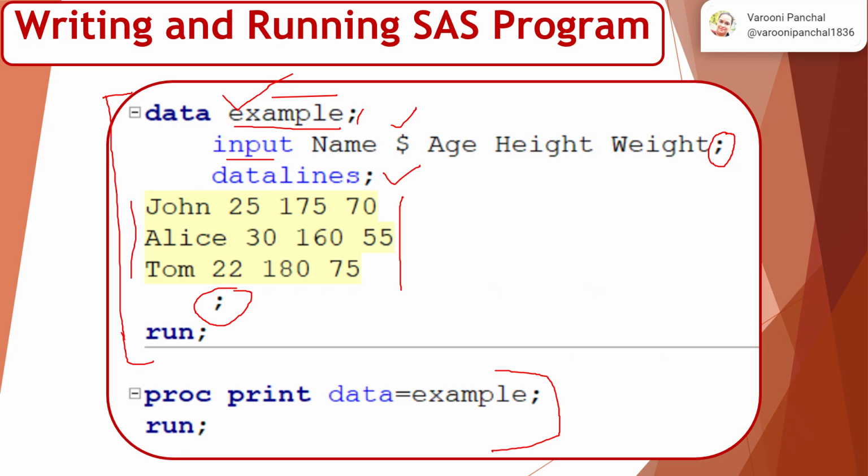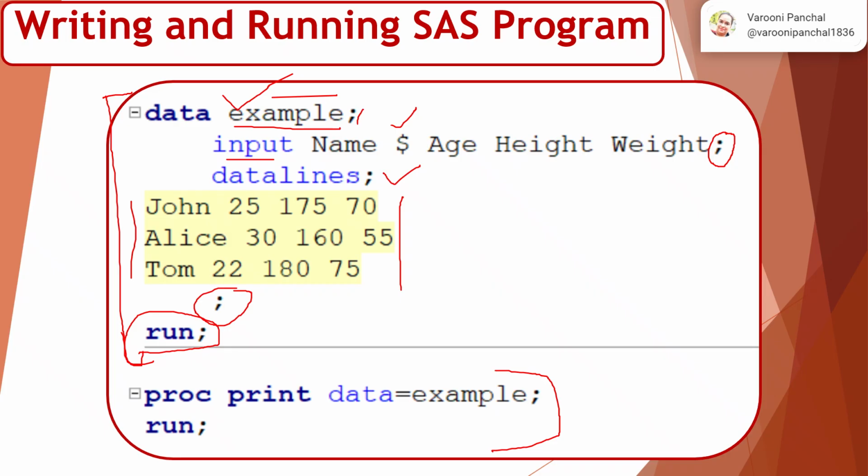And then every data step needs to end with the run statement followed by the semicolon. So that is the thumb rule. Again, if you see, this is my run statement, right? Is it clear? So it's a very simple data step that I am explaining here.